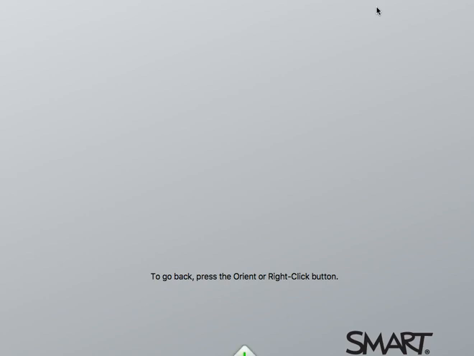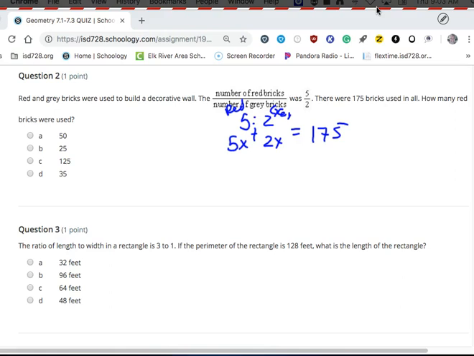And when I do that, I divide out and find out that x is going to be 25. So we got 7x equals 175. X is 25. Now I got to keep in mind what that means. X is 25, so I had a ratio of 5x to 2x. That was red brick to gray brick.